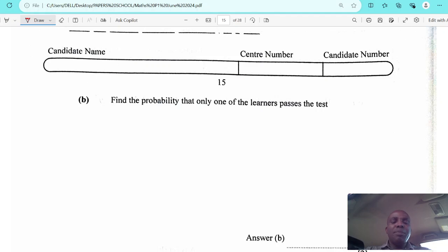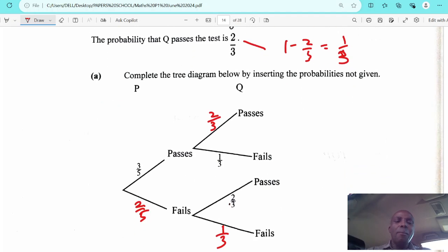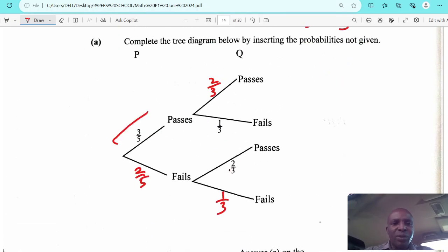Part B, find the probability that only one of the learners passes the test. Only one of them passes the test. So it's either P will pass and Q will fail, or Q will pass and P will fail. Just like that. So we have this branch, P will pass and Q fail. This is the branch, or this one will fail and Q will pass.